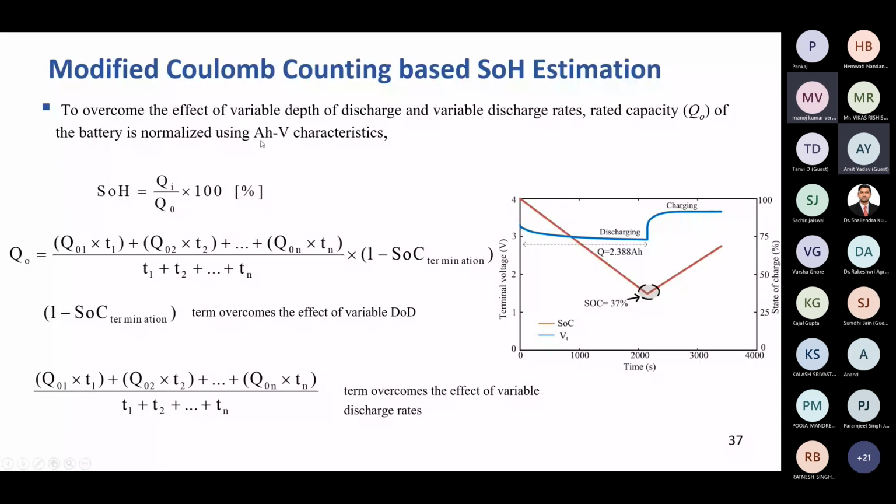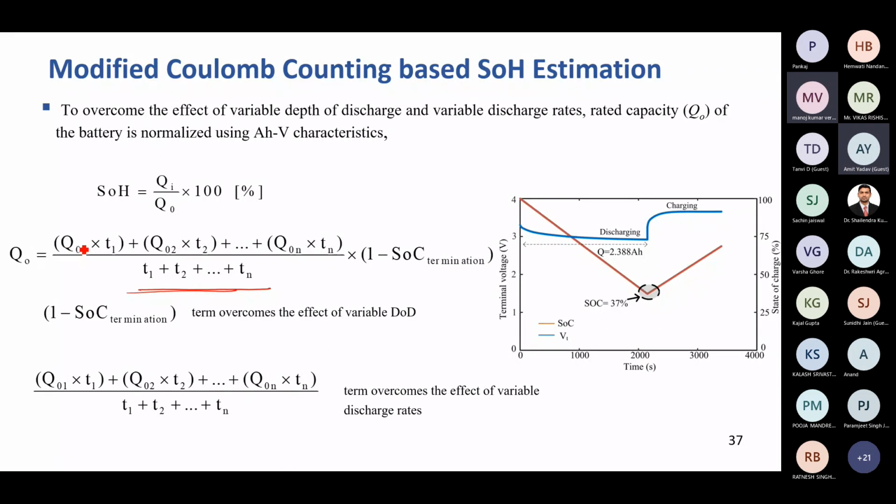So we tried to modify the Coulomb counting, considering complete discharging and also discharging in midway, to see whether it can give better accuracy and what modification can be done to the conventional method. Instead of taking the denominator as Q naught, the initial value, we estimate over a period of time from T1 to Tn.